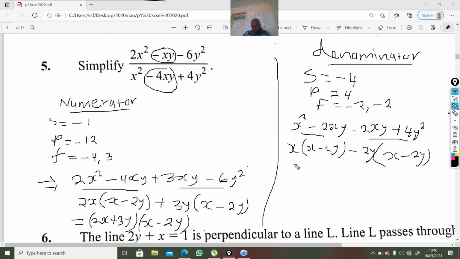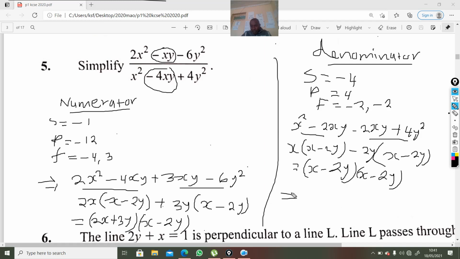So we shall have x minus 2y into x minus 2y. So now you have the denominator.